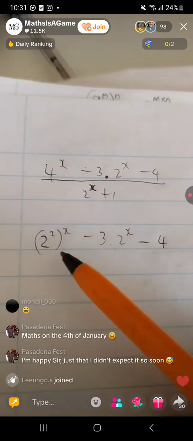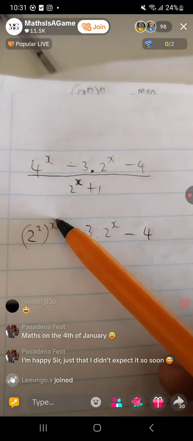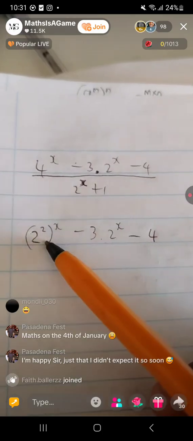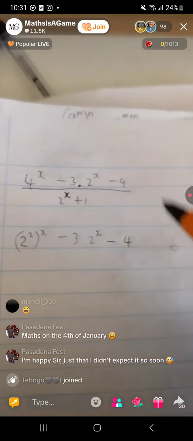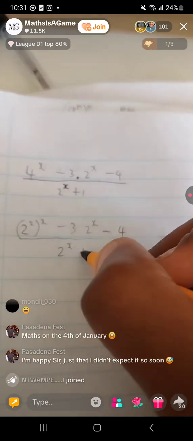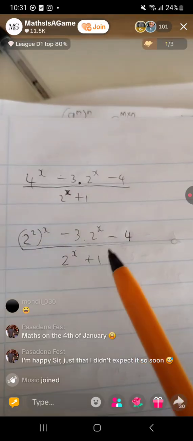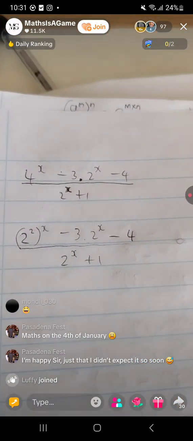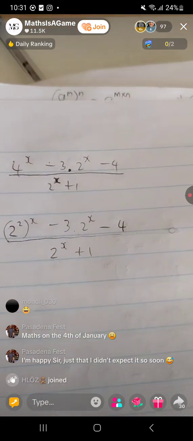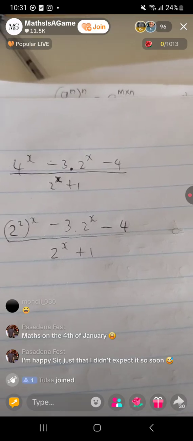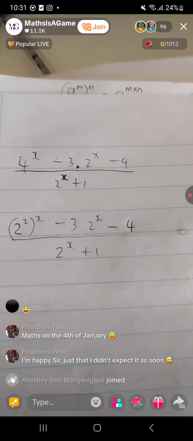So I'm looking at where the variable is, 2x, where the base is, all right? This is all over 2 to the power x plus 1, and I know there's some type of factorization I'm going to have to apply here. So the first question had highest common factor factorization. The second question had difference of 2 squares.